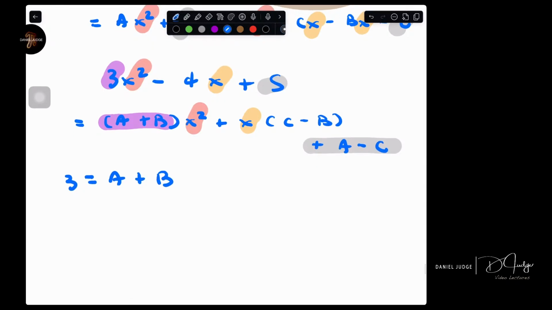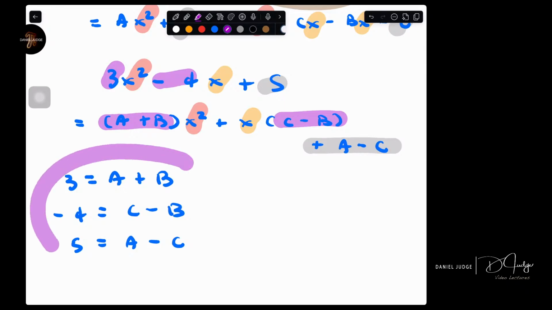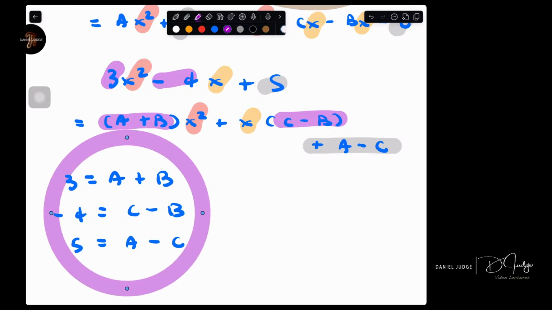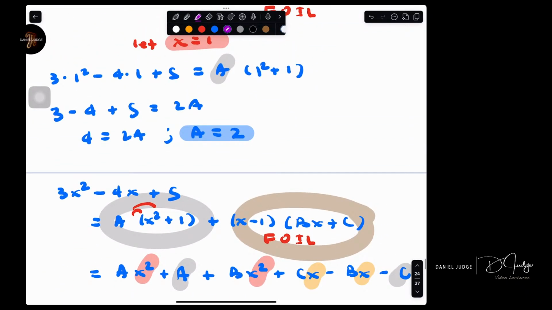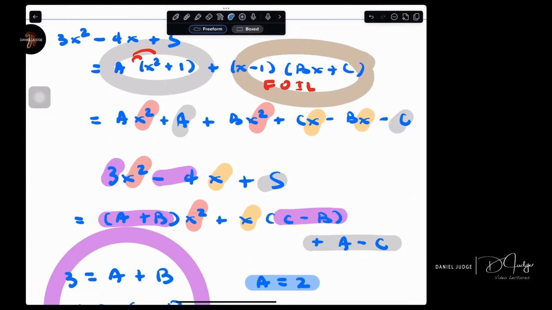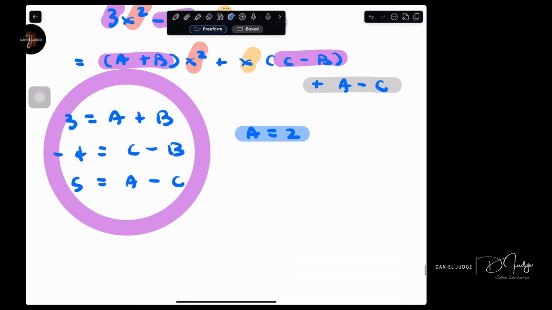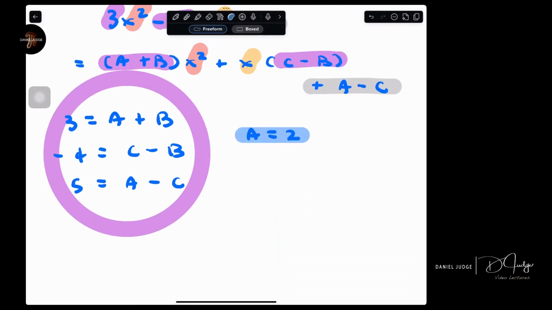That also means negative 4 has to be c minus b. And then finally, 5 has to be a minus c. So this is what this information gives me right off the bat. Don't forget, though, a is 2. We already solved for a. So this is going to be extremely helpful to us. So that first case did help us out.